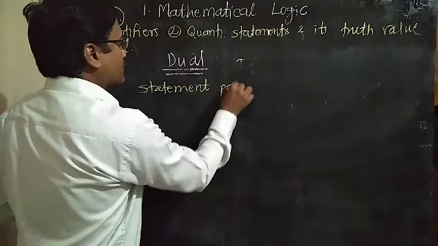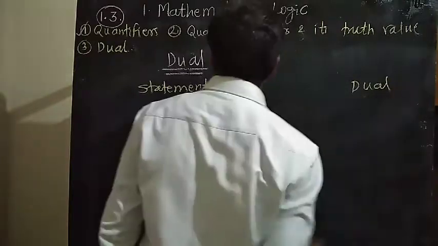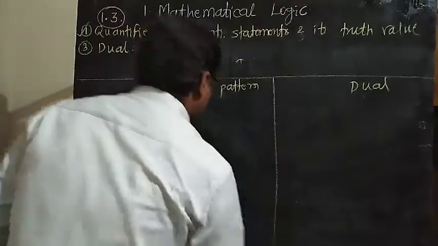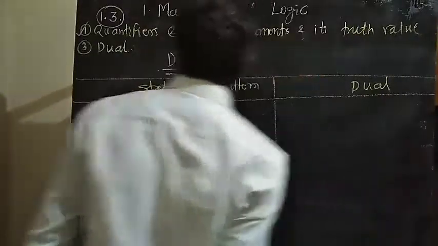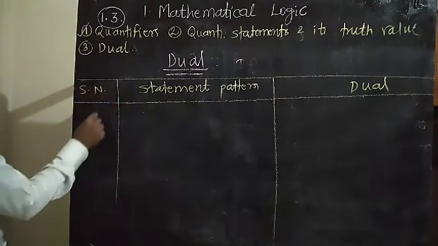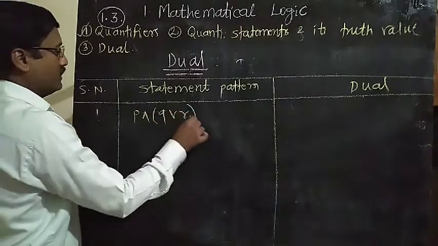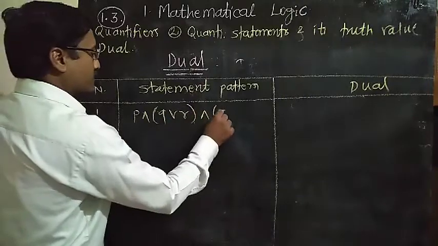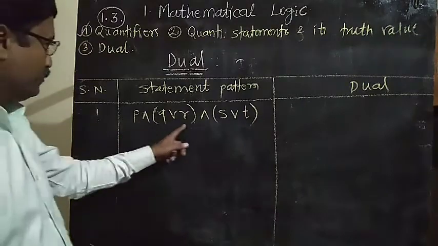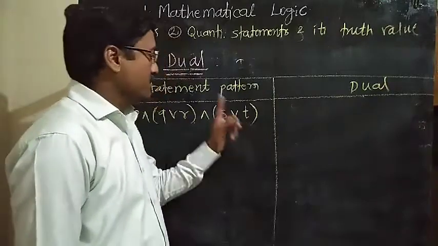Here is a statement pattern and its dual. Suppose P and Q or R and S or T. Here P, Q, R, S are simple statements, but this T is given, so it's a tautology.